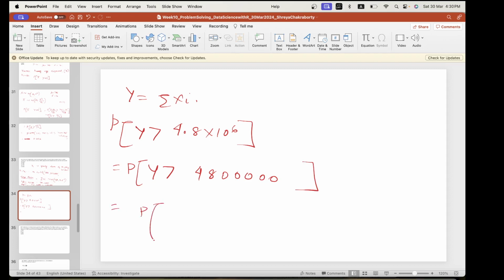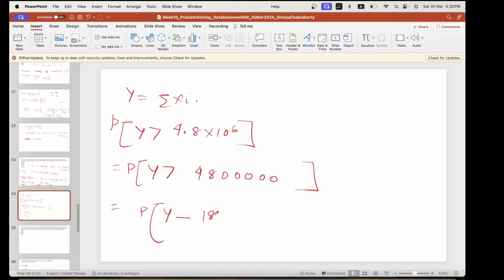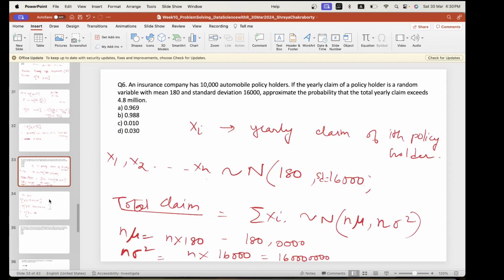So this means probability Y minus, what was the mean? Mean was 180 and then 0000.